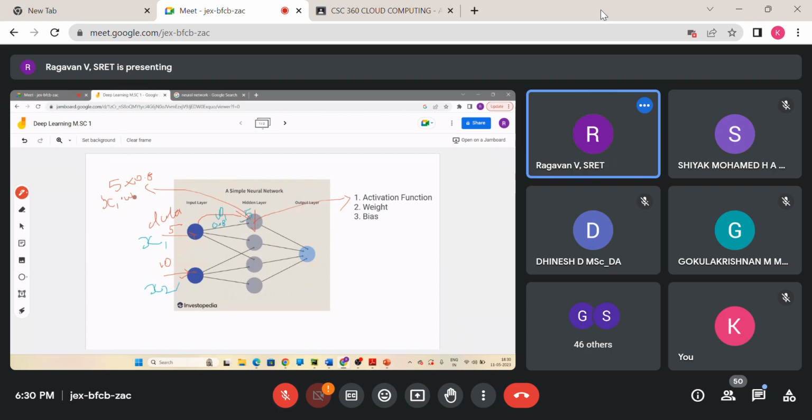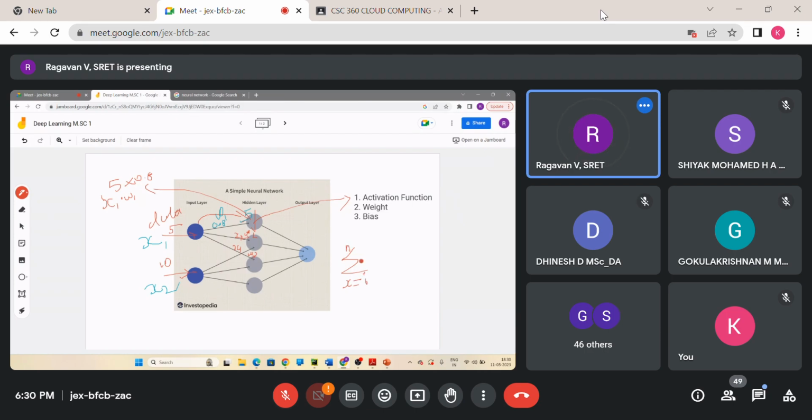Like that, here x2 into w2, here x1 into w2, and here x1 into w3, like that.